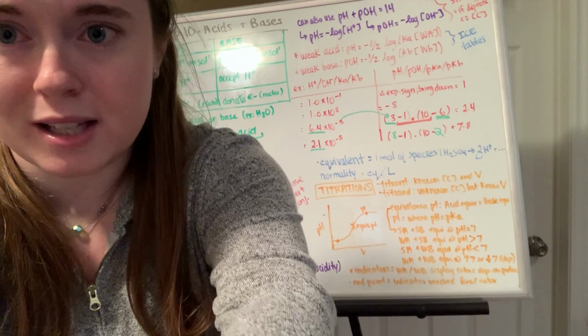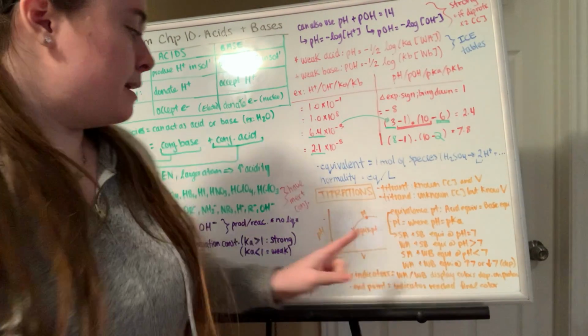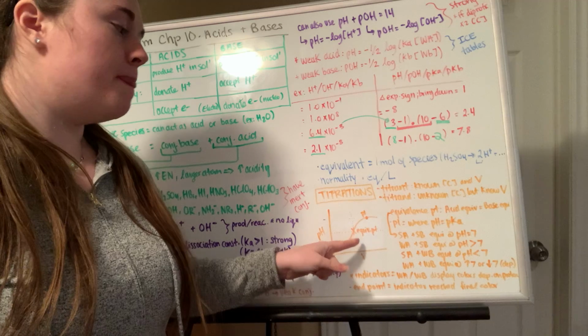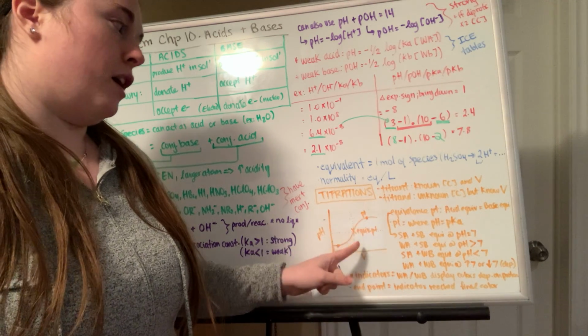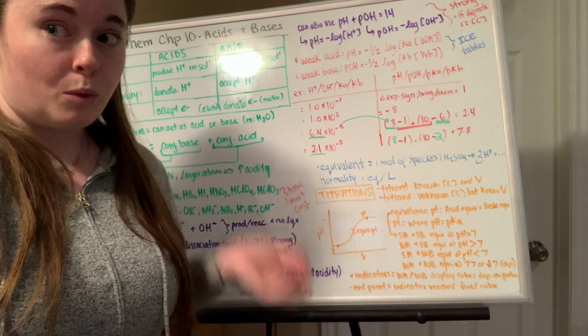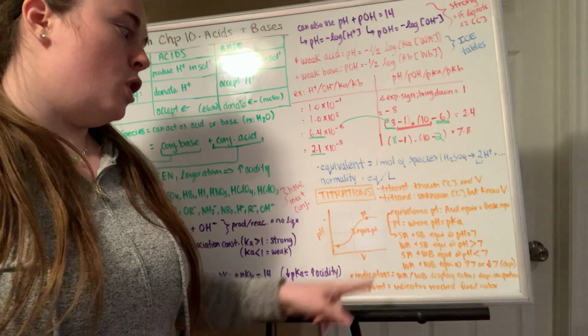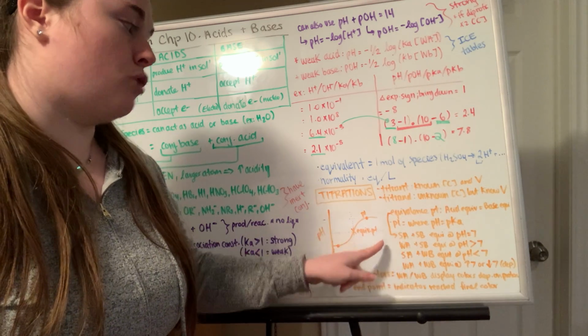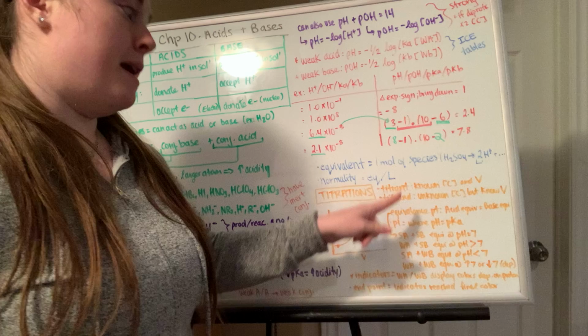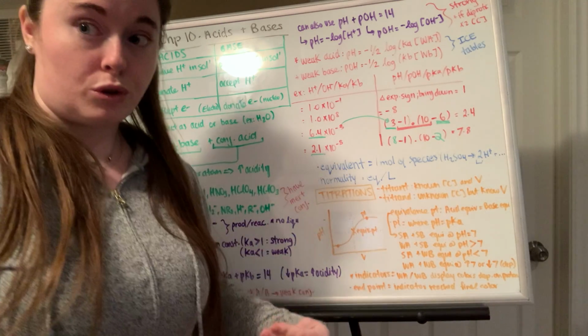Maybe I should wipe this. Sorry. Hopefully that helps. Okay, steepest point on the graph, the equivalence point, and this is where the acid equivalent equals the base equivalent. So if we have a strong acid and a strong base, the equivalence point will be at pH equals 7, so that is neutral.